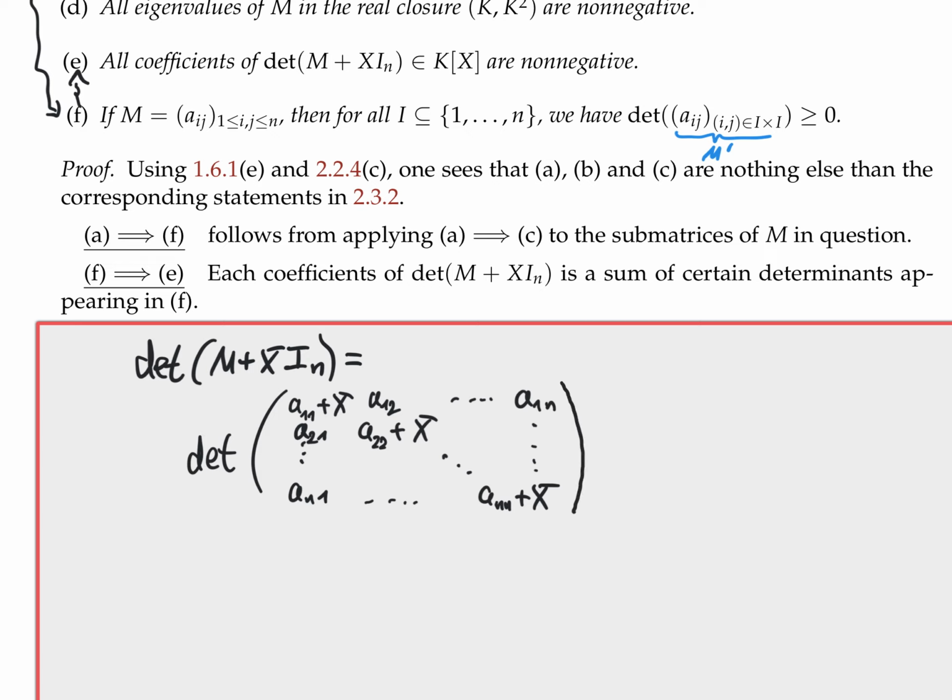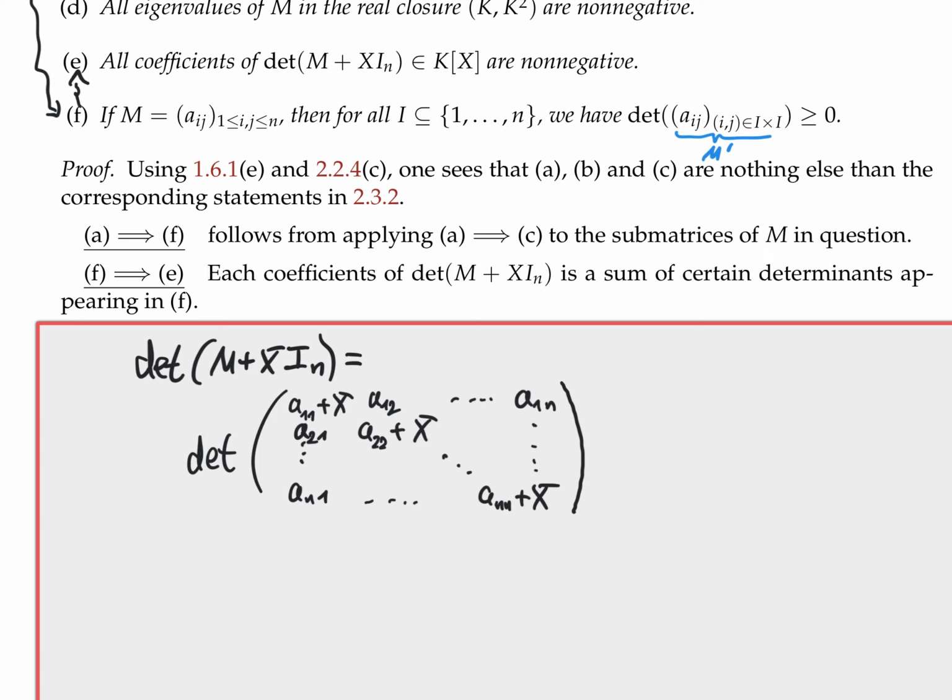How do you calculate such a determinant? Well, the determinant of a matrix is the sum over all permutations, and then you take the sign of the permutation. What do you do if you calculate the determinant? You could do it in the following way.